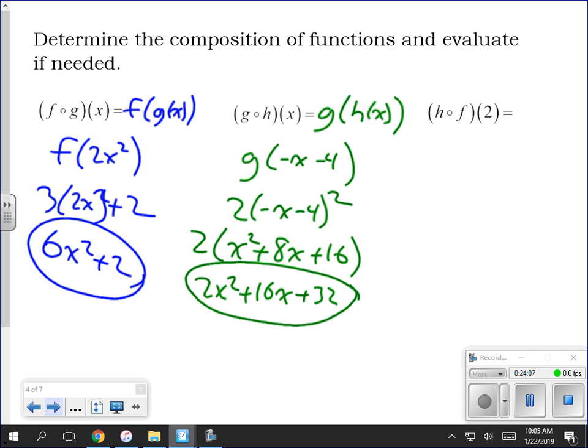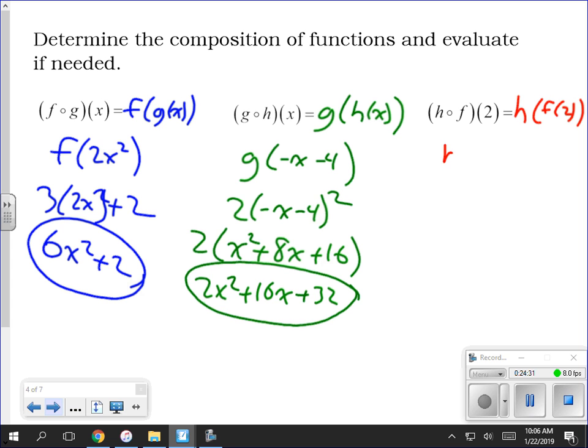F composed of F of 2. This is H of F of 2. Now we figured out we've done F of 2 like 3 or 4 times. F of 2 is 8.